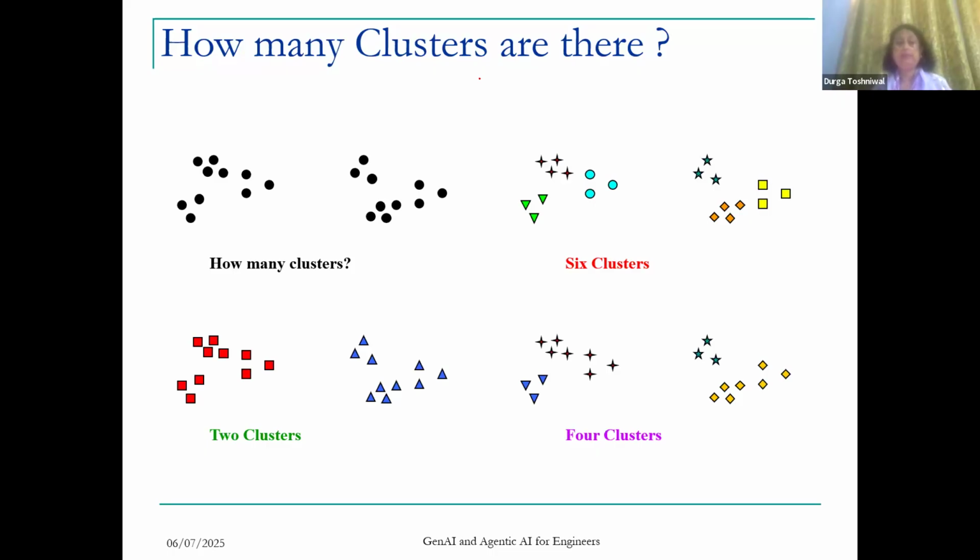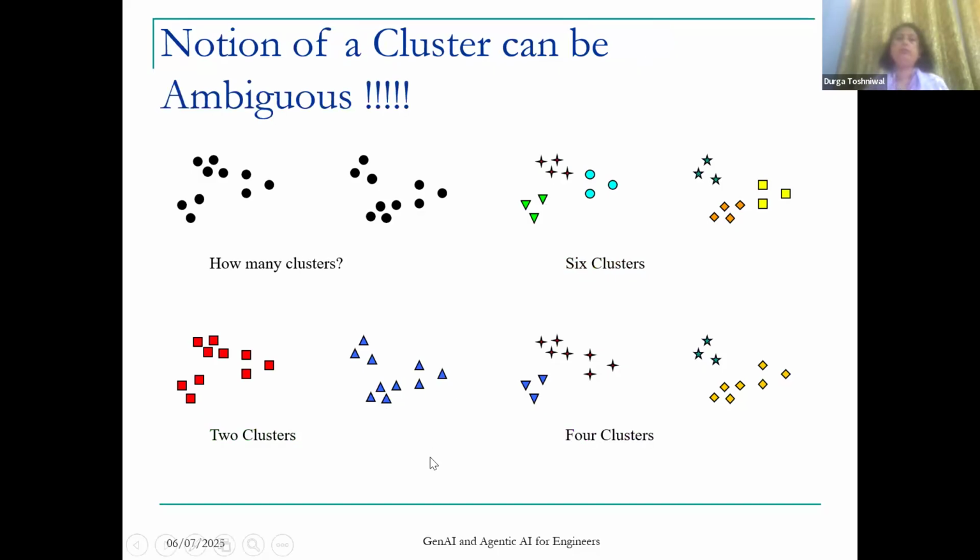But anyhow, the question is which answer is correct, whether it is 2 or is it 6 or is it 4 or is it 5 or is it 8? The point that I wanted to bring out is that the notion of clustering is very, very fuzzy.